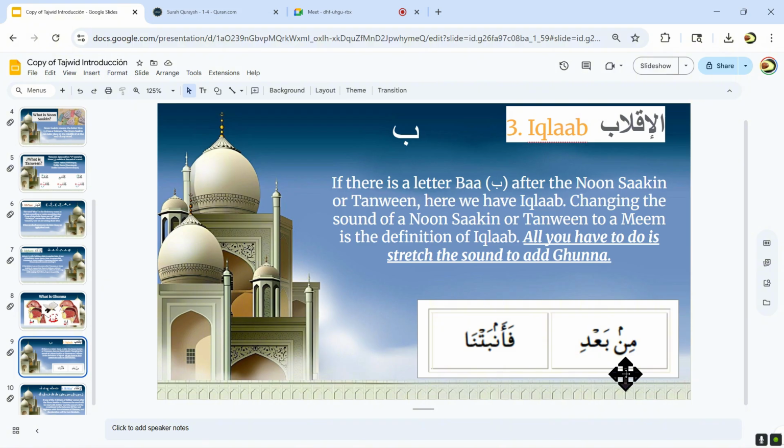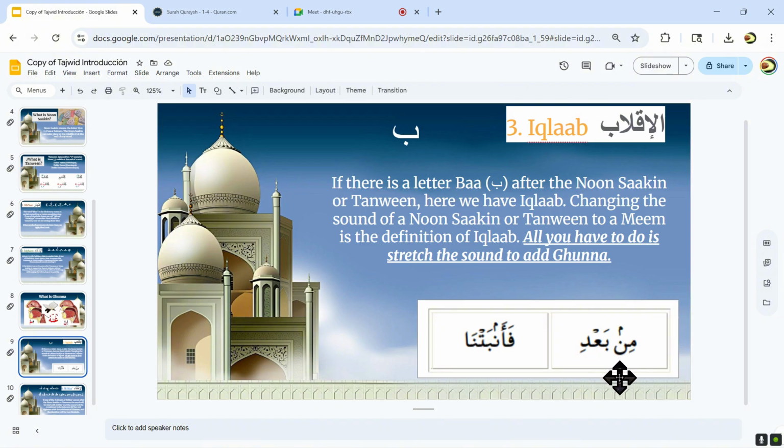Okay, that's very interesting. So check out this example. Meem. Exactly. You do it naturally because you kind of already innately know. But somebody who's learning to read will say min ba'di. But check out that ba afterwards, and they give you a little hint on top that it turns into a meem.